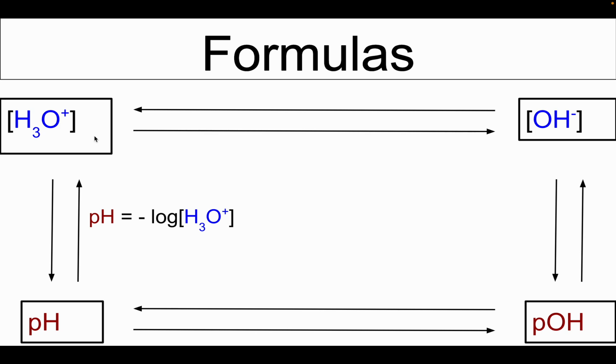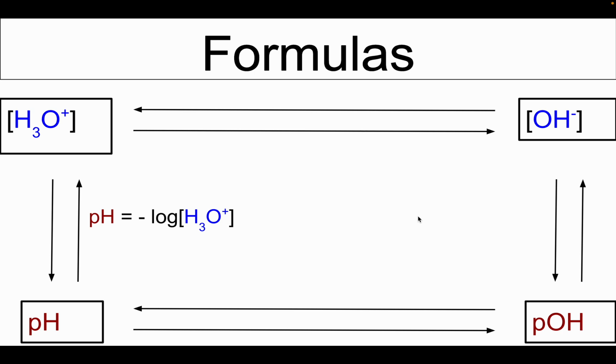We can do basically the exact same thing with the pOH. The pOH is the negative log of the hydroxide ion concentration, so we can use that equation to go back and forth between pOH and hydroxide ion concentration. Note that in chemistry, the letter P, when it's used like this, actually means negative log.